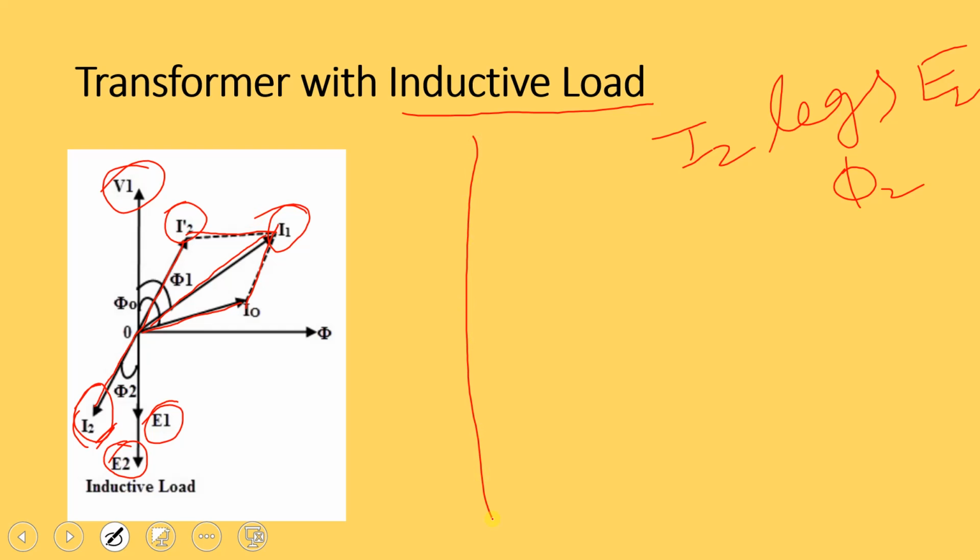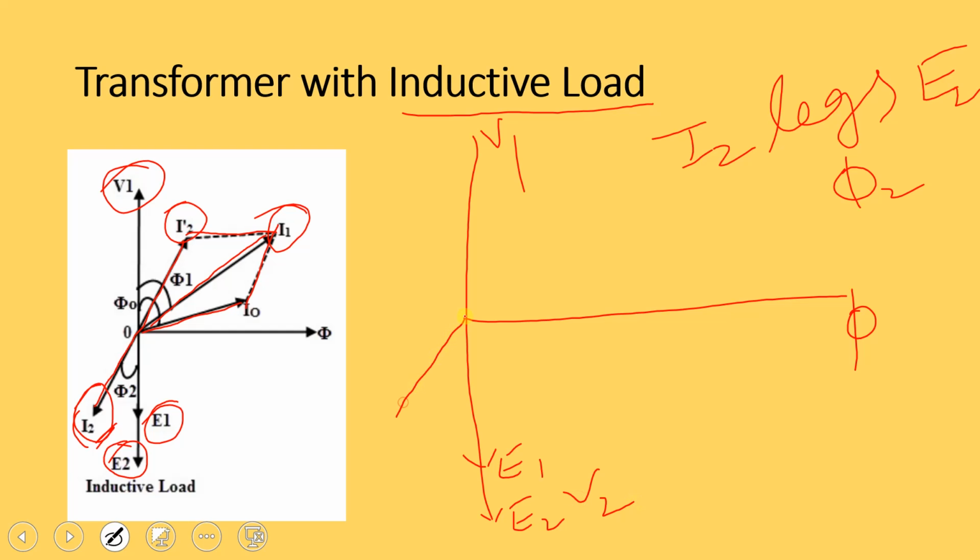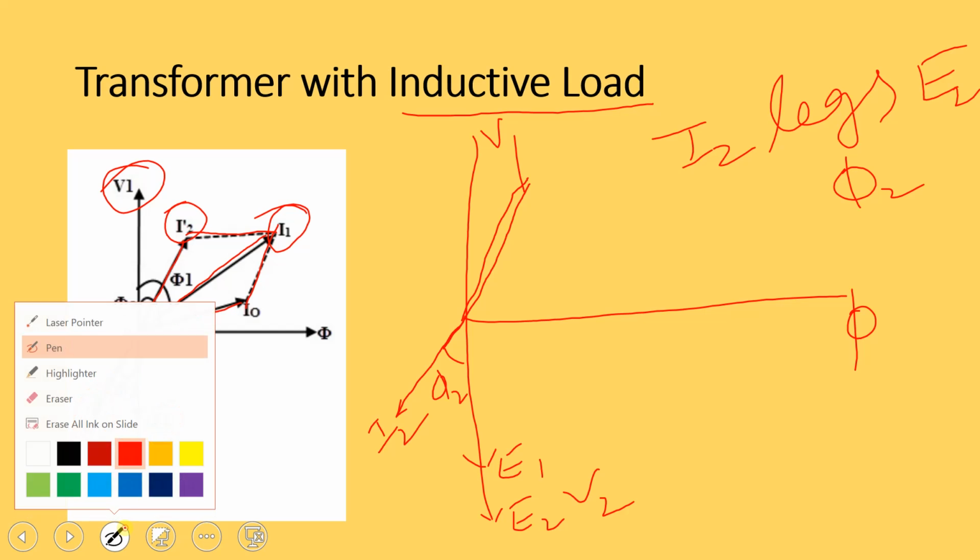For reference I redraw this for your simplicity. This is V1, this is E1, this is E2 and V2, and this is I2 lagging by an angle phi 2, and its opposite is in the same direction.